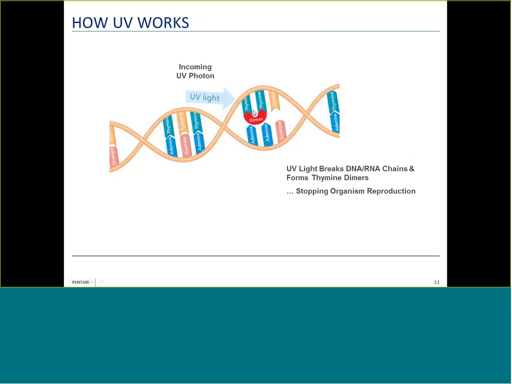So the energy from the wavelength, traveling as a particle, the photon, hammers into the dimers on the DNA chain, breaking them and deactivating them. So the organism cannot reproduce. This virus or bacteria will be extremely short-lived, die, and never make another one. That way you stop any of that activity going forward. So that's how UV works.